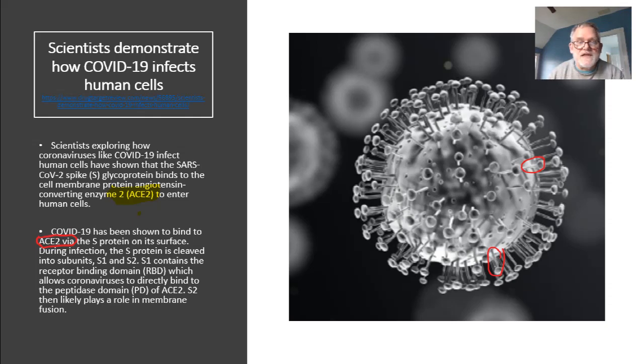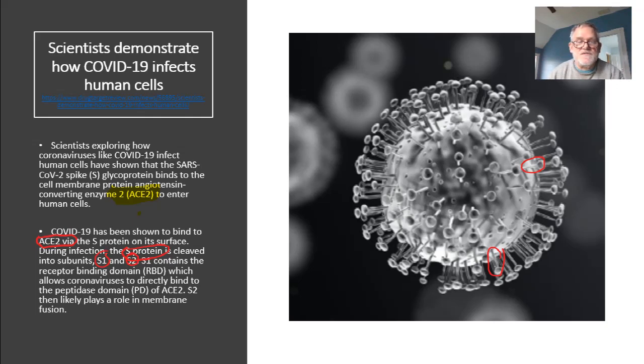During infection, the S protein is cleaved, or separated, into subunits S1 and S2. S1 contains a receptor binding domain.